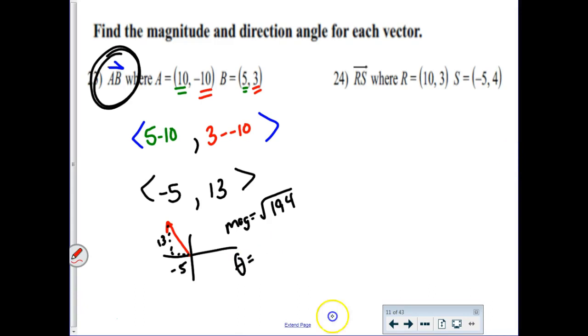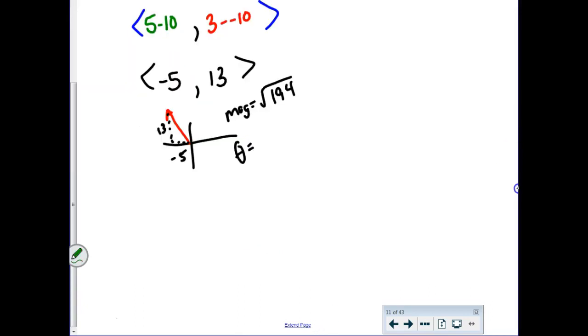Can someone remind me how we find the angle? That's right, class. You use the inverse tangent. Internet, you couldn't hear them all scream that at me. All right, so we are still in degree mode because they're going to have a degree set of answers on my final. So in degree mode, what's the inverse tan of 13 over negative 5?